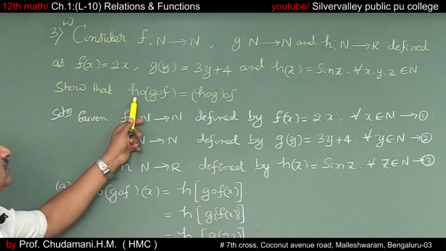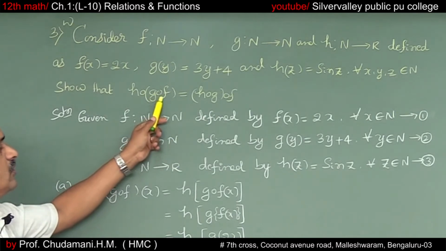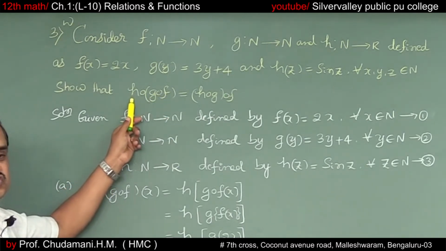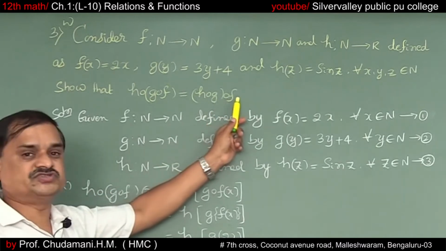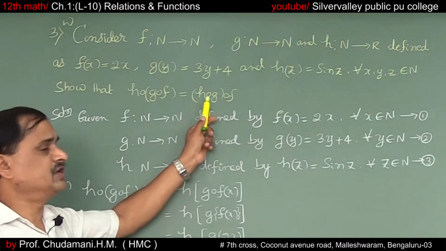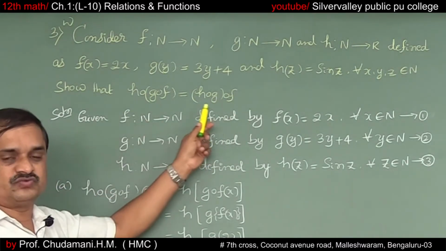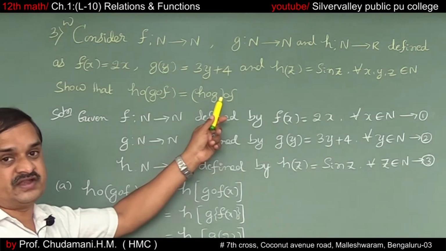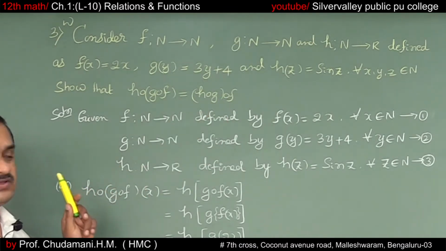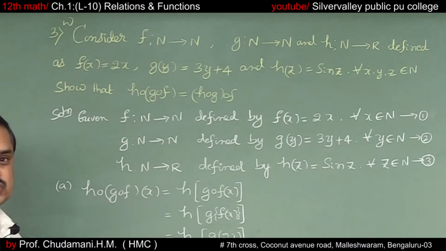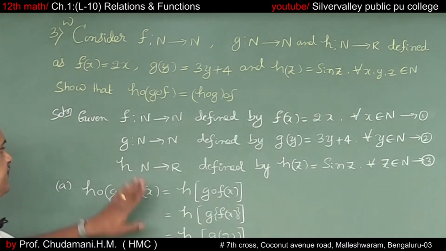Show that composition of GOF and h is equal to composition of f and HOG. You are supposed to verify the associative law.